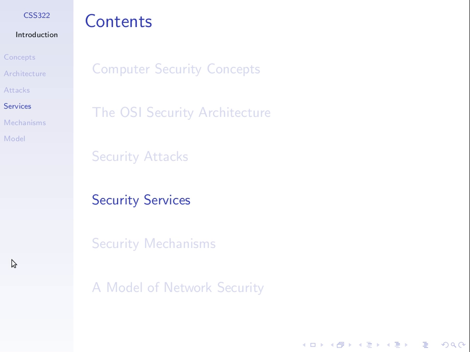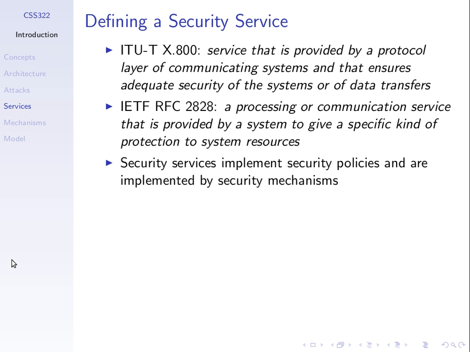So that's about the attacks. What about the services that we provide to try to stop those attacks? Again, different organisations have tried to create definitions of what we mean by a security service. ITU said a service is that provided by a protocol layer, so it's about the communications protocol, that ensures adequate security of systems or data transfers.